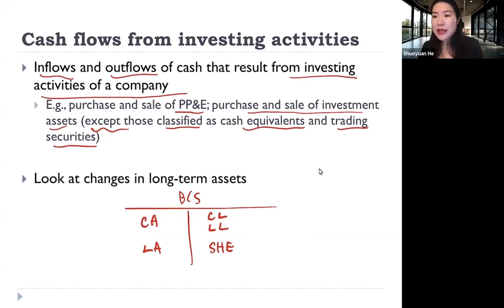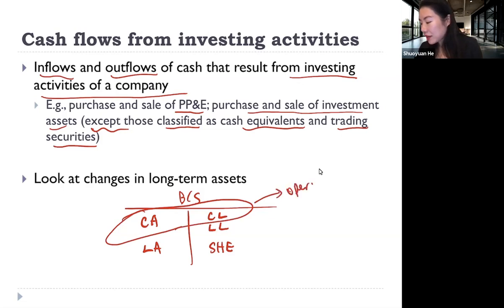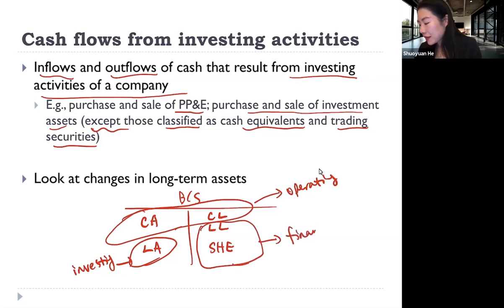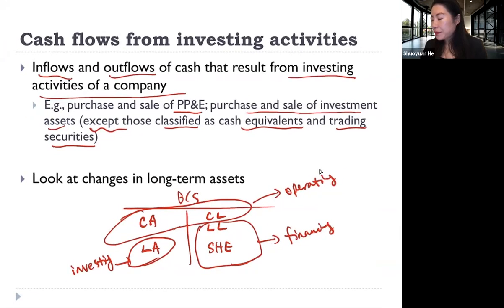So a rule of thumb here is that any item that is classified as current asset or current liability is usually operating related. If it is classified as long-term asset, that's usually investing related. If it is classified as long-term liability or shareholders' equity, that's usually financing related. So that is the rule of thumb.